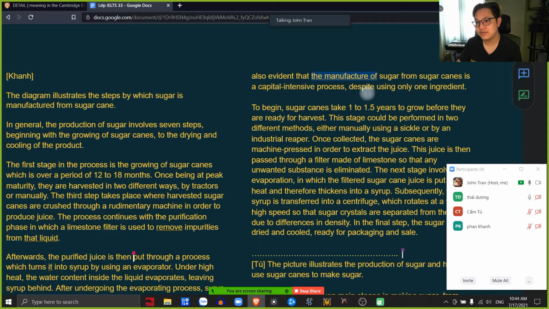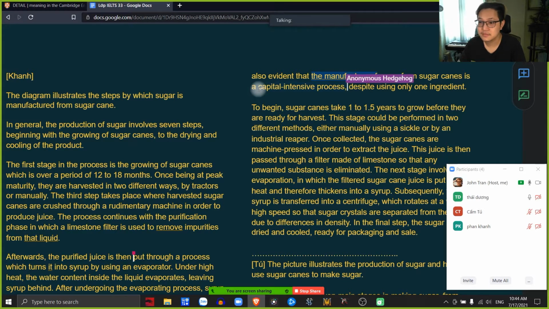It's also evident that the manufacture of sugar from sugarcane is a capital intensive process. What? Một quá trình mà tốn rất nhiều vốn mà. What do you mean by capital intensive? I don't understand. Mr. Young, please explain yourself.